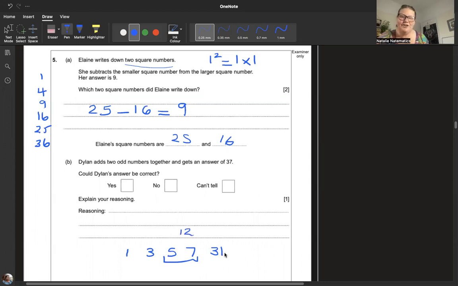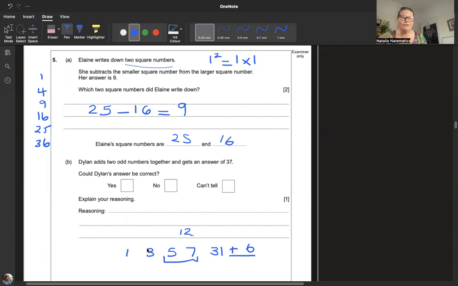Let's just say I had 31. Well, what number would I have to add to get 37? I'd have to add 6, wouldn't I? Is 6 an odd number? No. To get an answer of an odd number, you would need to add together an even number and an odd number.